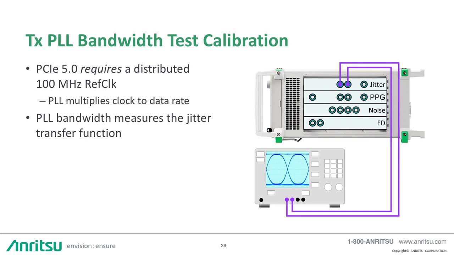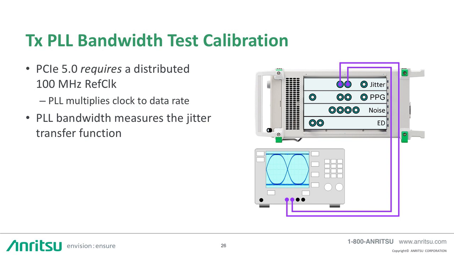high-speed serial data signal. The phase lock loop bandwidth test measures the DUT transmitter jitter transfer function. That is, the reference clock jitter that makes its way onto transmitted signals. The test is performed by using the Burt subrate clock output to apply sinusoidal jitter to the DUT reference clock.